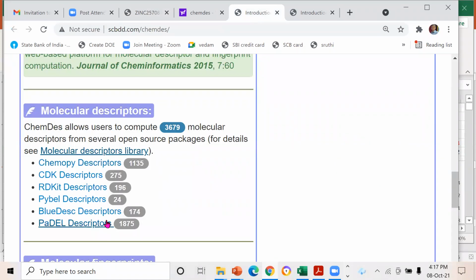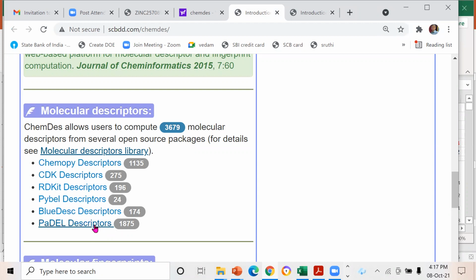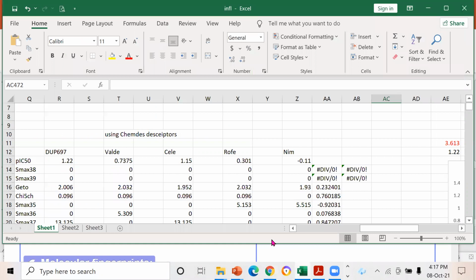Then get the CSV file, go to your one master Excel sheet, and copy that. Then you run the other descriptors, get that CSV file and copy that into the master. Like that, you have to keep doing for all the descriptors for compound one. Then do the same thing for compound 2, and for compounds 3, 4, 5. That way you will have a master file.